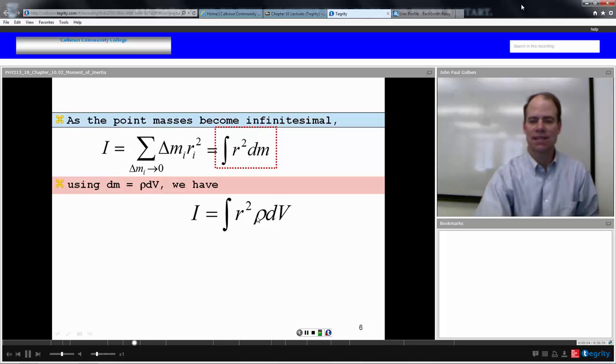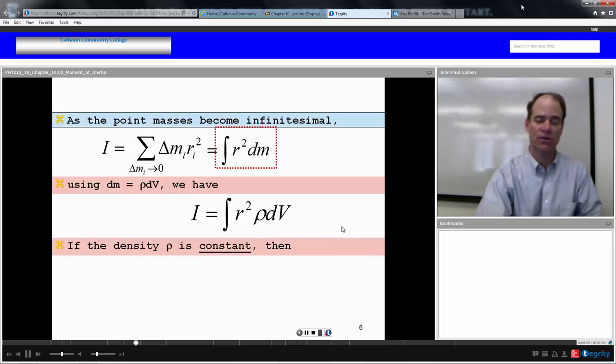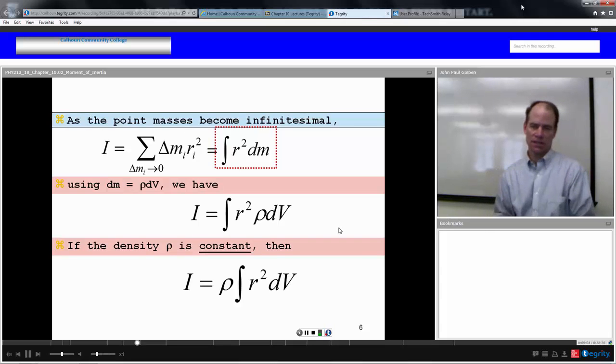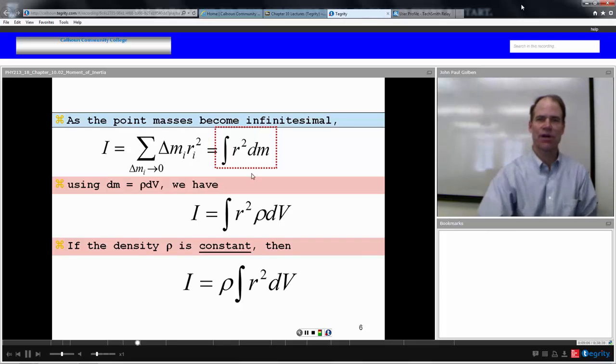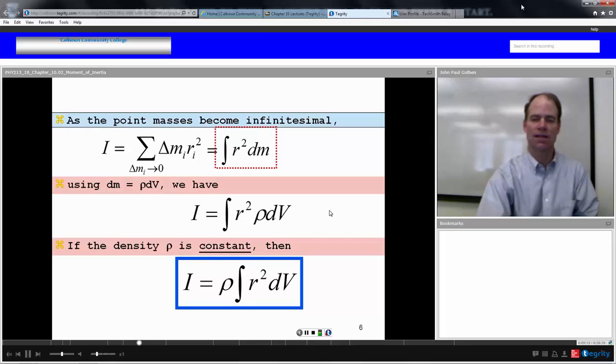If density is a constant for this particular object, then I can take the constant out of the integral, and I would have that the moment of inertia is the density times the integration of r squared dV for this object. And that's how we would calculate the moment of inertia of this continuous object.